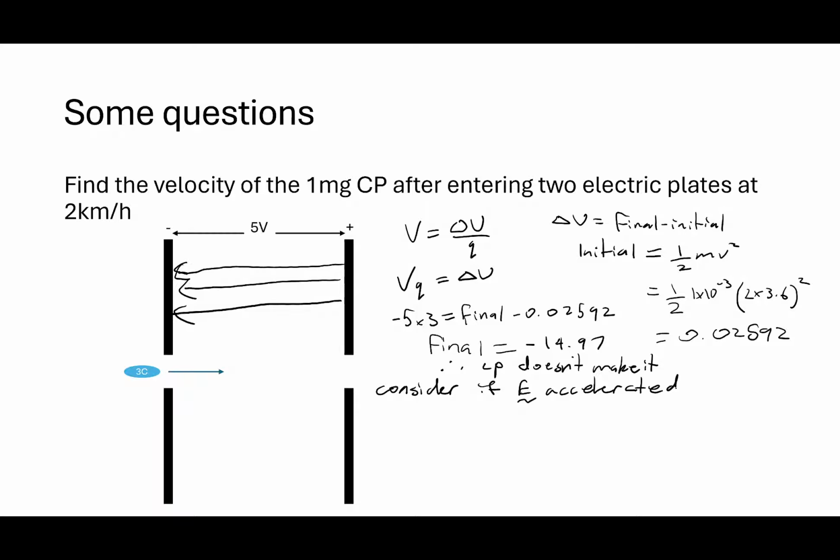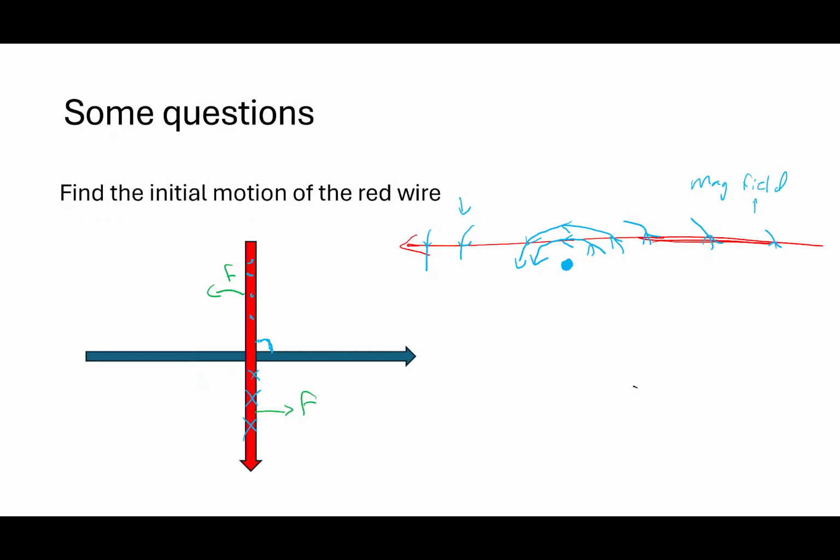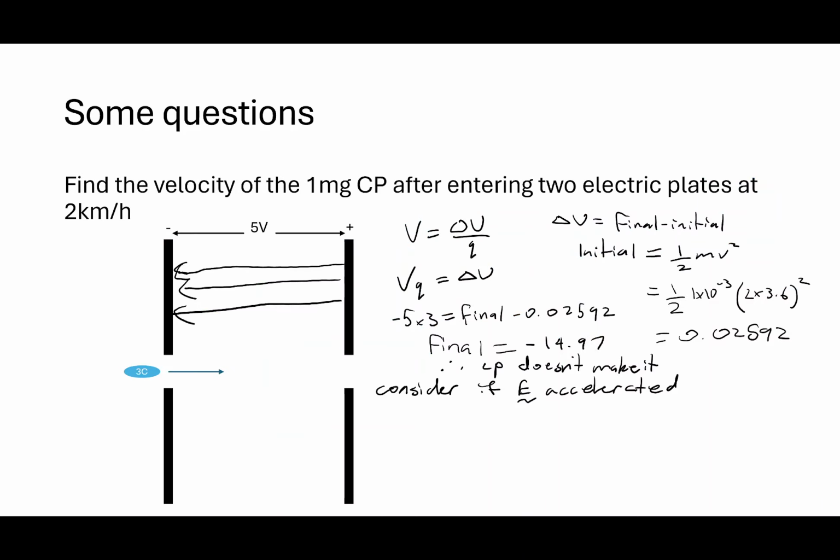But let's consider if it did make it and it accelerated. So we will have 5 times 3 equals final minus initial, so the final being 15.02592, and that will be half mv squared.